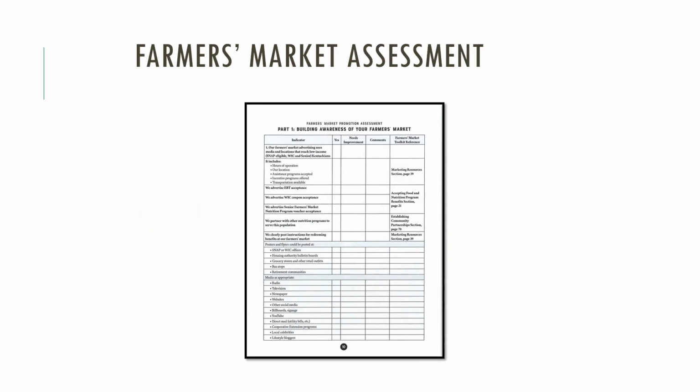So this is what the assessment looks like, except I think it's about 11 pages long. Obviously every market is not going to do everything that's suggested in that assessment. It's just to provide you with a starting point and to give you some ideas about whatever changes you might like to make.